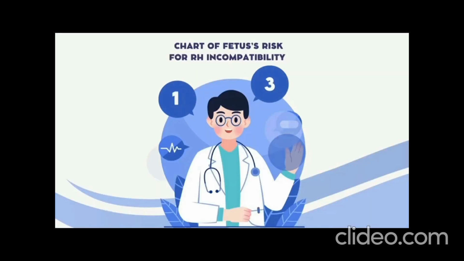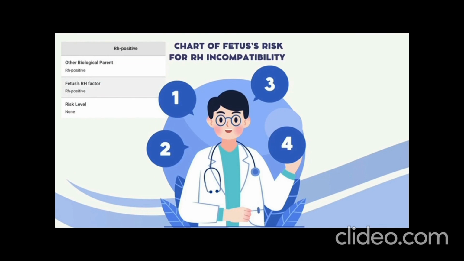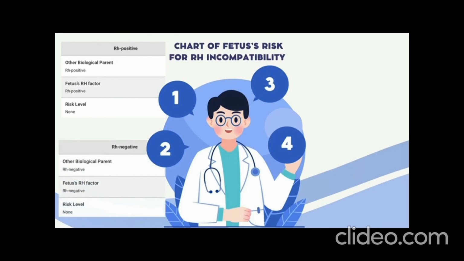Here are charts of fetus risk for Rh incompatibility. The first one is when both parents are Rh positive, the risk level is none. The second chart is when both parents are Rh negative, the risk level is also none.